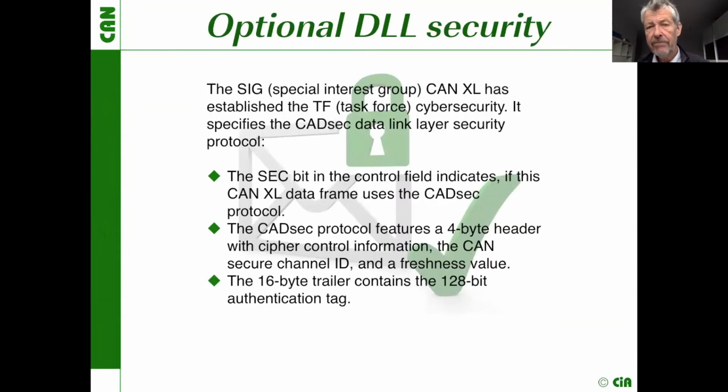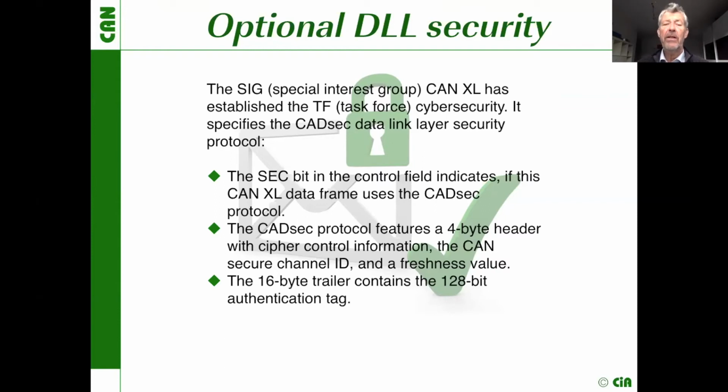To satisfy those people who require security or cybersecurity, we will have an optional data link layer security. And in the special interest group of CiA for CANXL, we have established a task force who will discuss an appropriate protocol and specify it for cybersecurity.